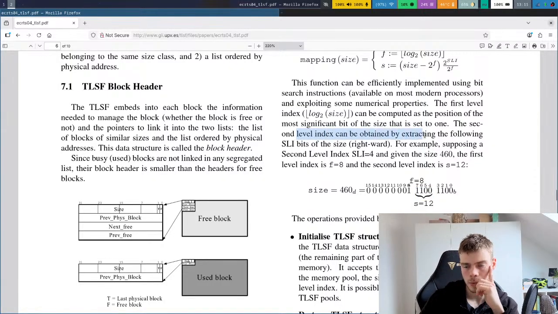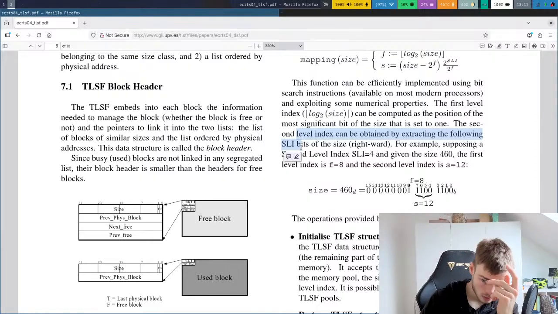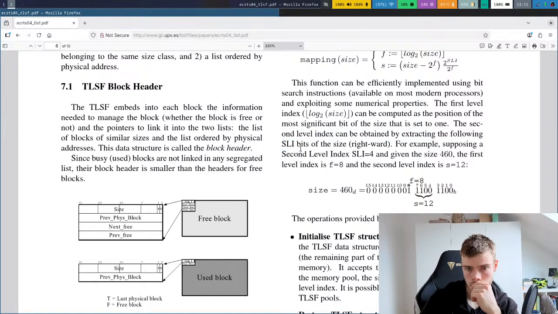The second level index is obtained by extracting the following SLI bits. Okay, what does that mean?